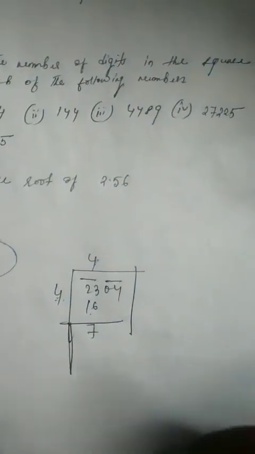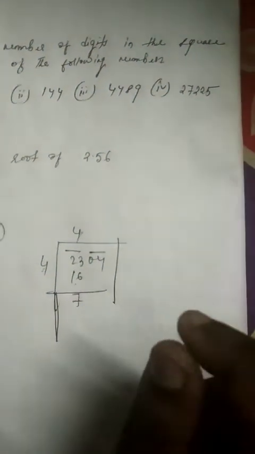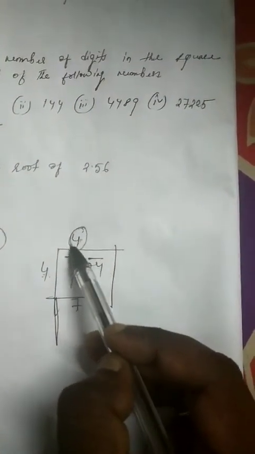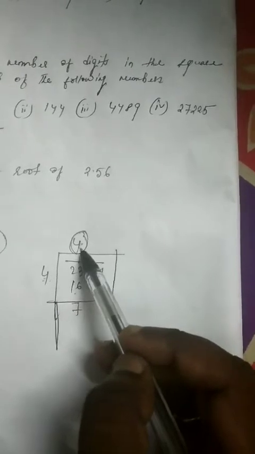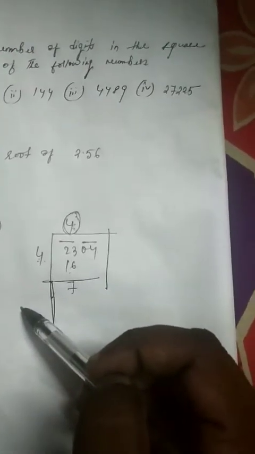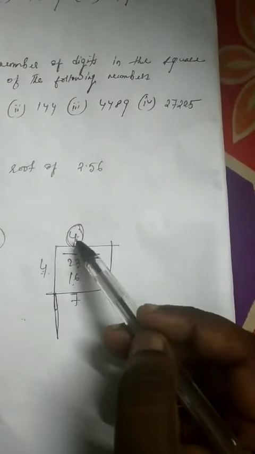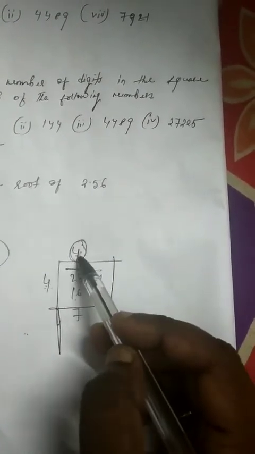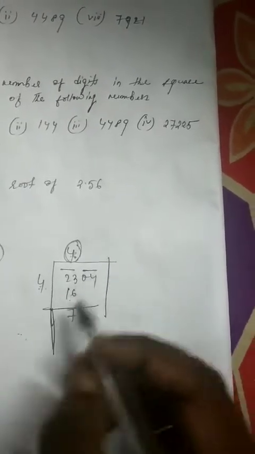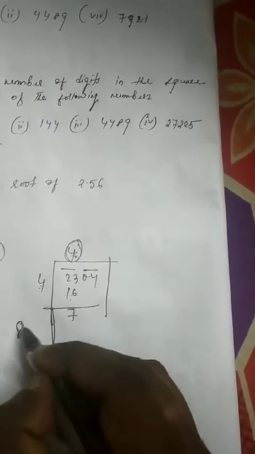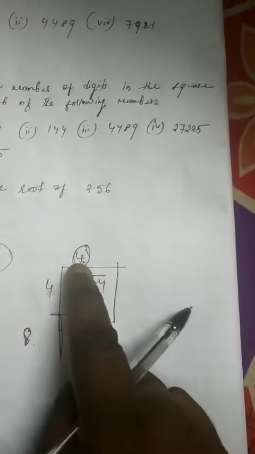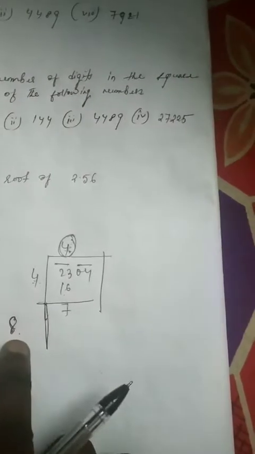Now the most important part of this division method: whichever number I get in the place of the quotient, I have to take the double of that number in the next step.